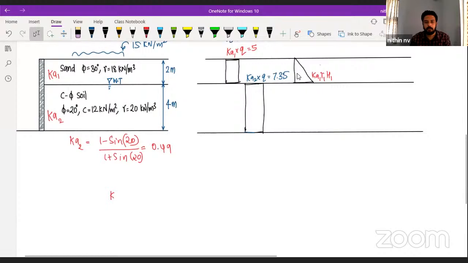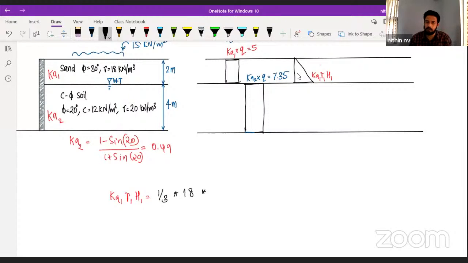So Ka1 into gamma 1 into H1 for the first layer will be 1 by 3 into gamma, which is 18. That is very important. While substituting gamma, it can be dry, saturated or submerged condition, and you have to check. If it is under submerged condition below the water table, we have to take gamma submerged.